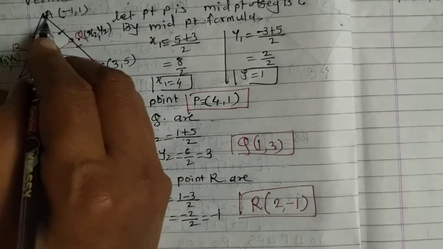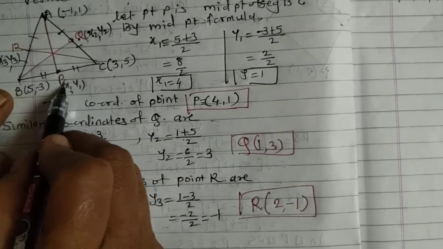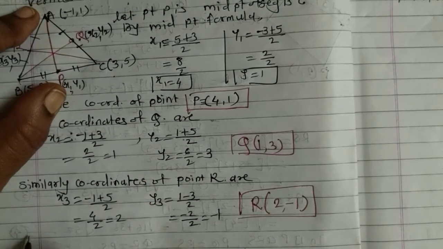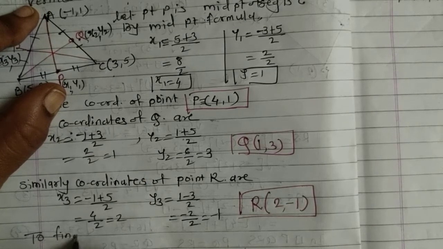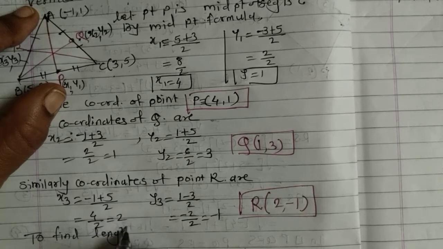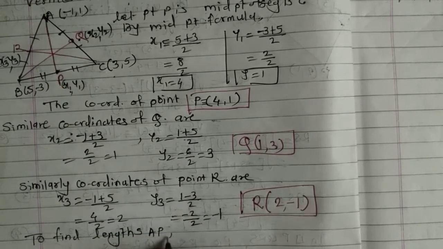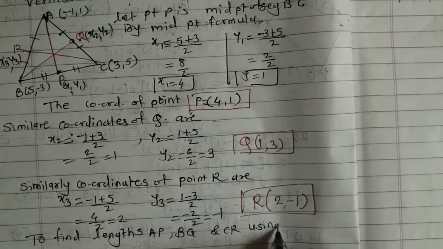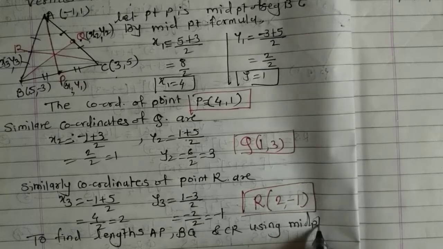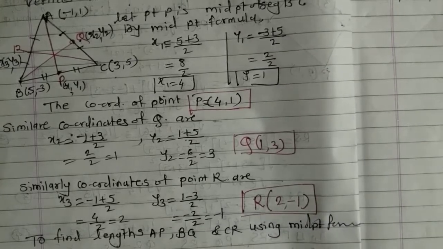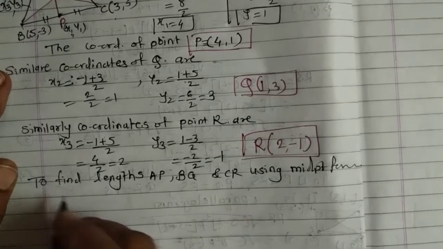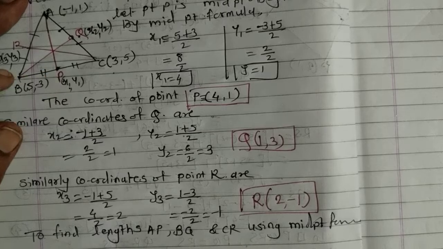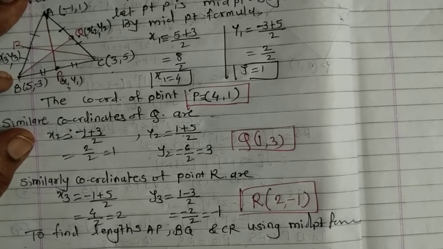And once we obtain all these 3 points, we can find out the lengths by using the distance formula. This point A is one of the points, P is another point. We can find out the length of AP. To find the lengths AP, BQ and CR, we use the distance formula.